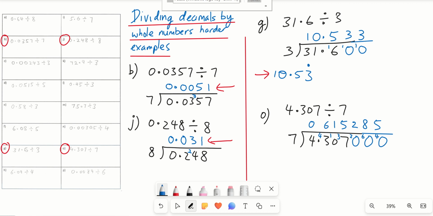I will stop at the 4th decimal place. So what we'll get is 0.6153. So it's approximately 0.6153. And that is the accuracy given to 4 decimal places.